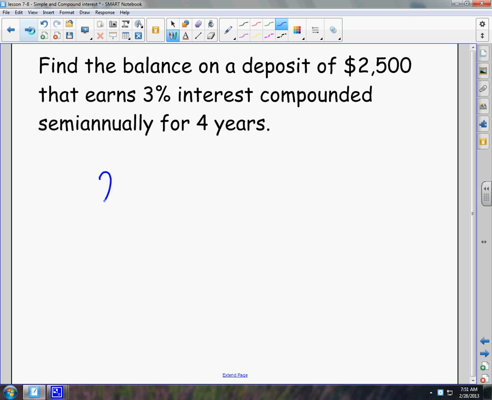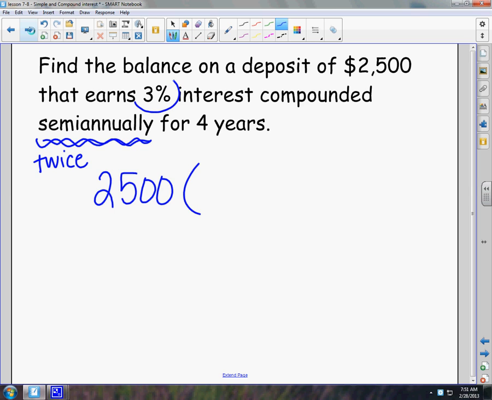Okay, so you're going to start with $2,500. Now, it's semi-annually, so that means it's going to compound twice a year. So that means I have to cut this in half. So it's going to be 1 plus 0.015 because it's 1.5%. I've cut that in half.